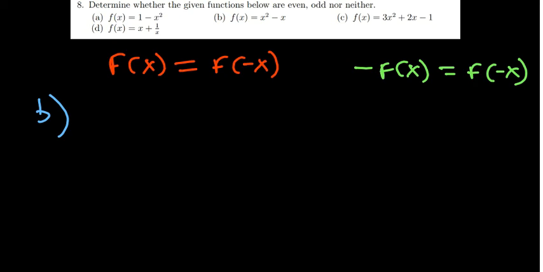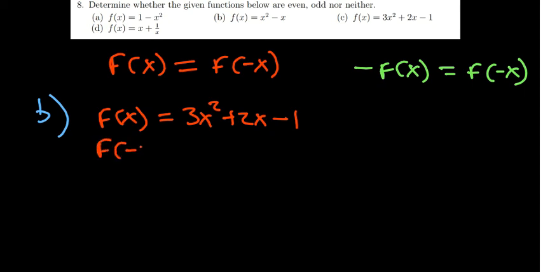Then we are on C. C is a quadratic function, f of x is equal to 3x squared plus 2x minus 1. We need to determine whether it's an even or odd function or neither. Of course, f of negative x would mean where there's x, I have to put negative x.